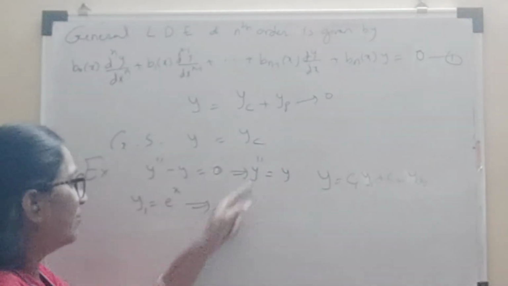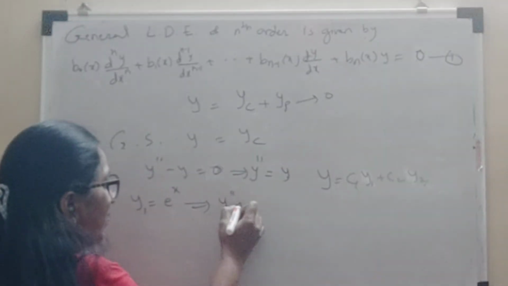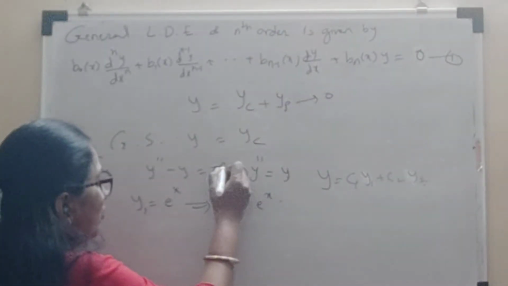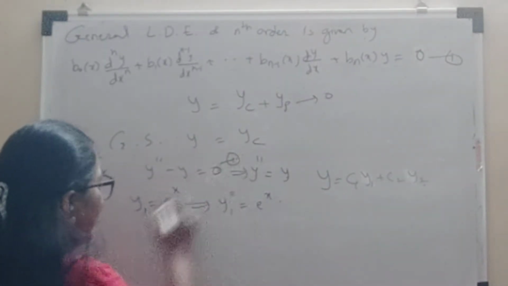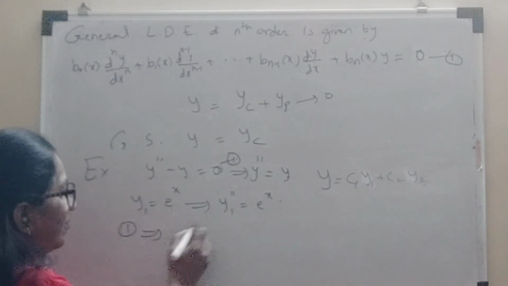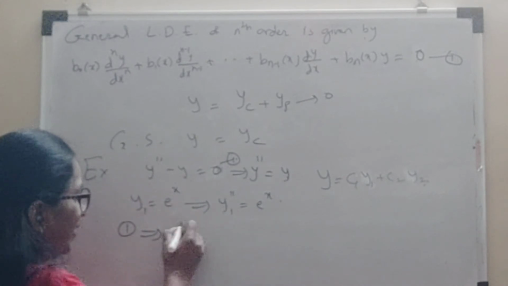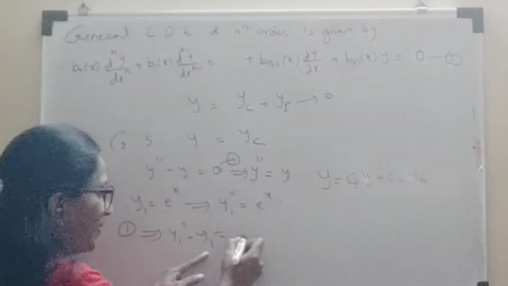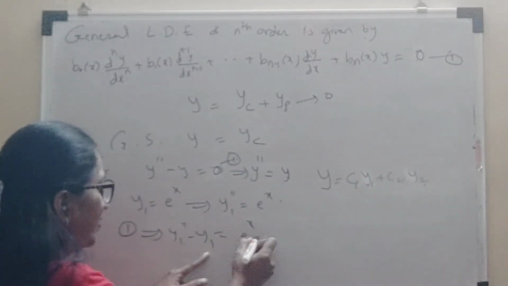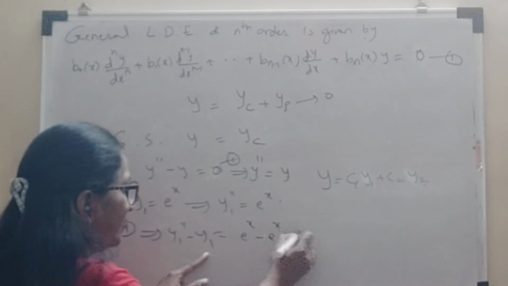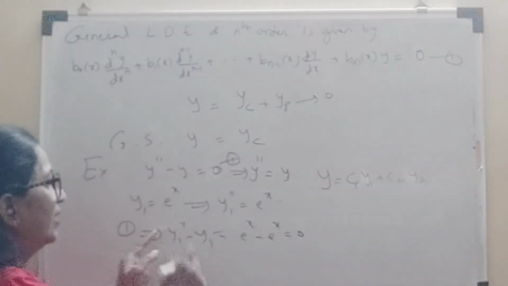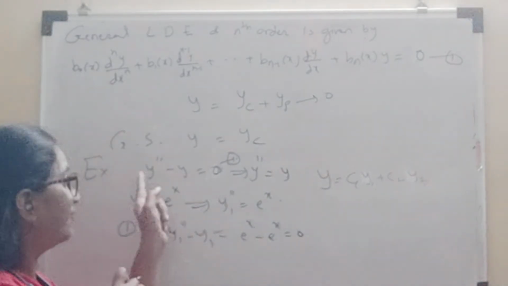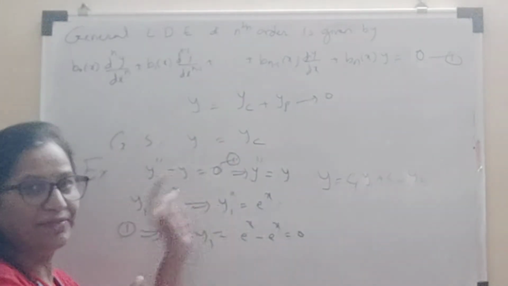We know that y1 double prime is also e raised to x. Putting it in equation 1, y1 double prime minus y1 is e raised to x minus e raised to x, which is equal to 0. Therefore y1 = e raised to x satisfies this differential equation.